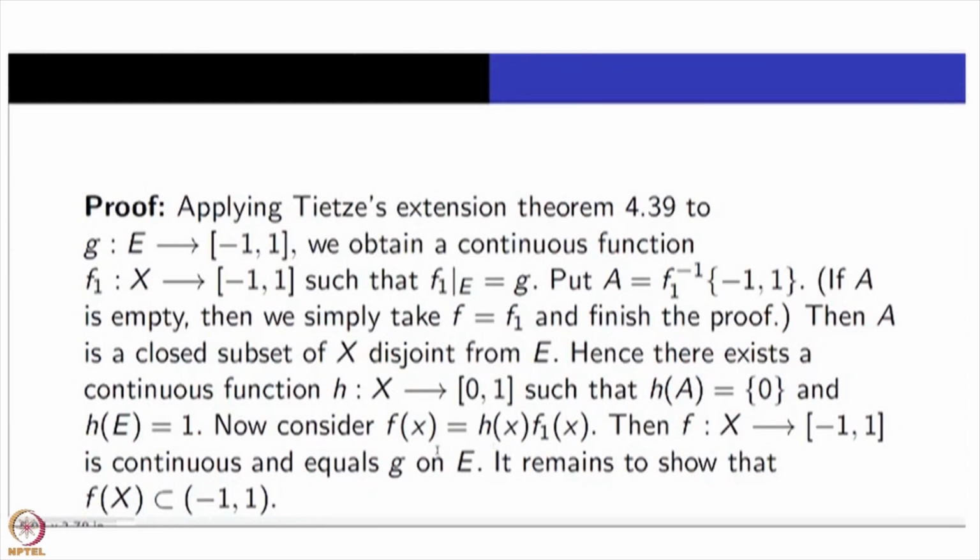And when you put x inside E, h(x) is 1, so it is F1(x), which is g, the original g. Therefore, that is also over. All that you have to show is that the new function f takes values inside the open interval (-1, +1). Then the theorem is over.